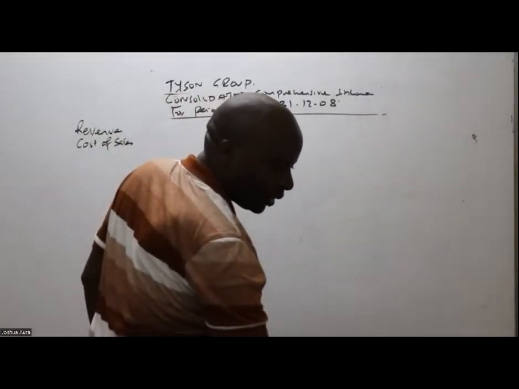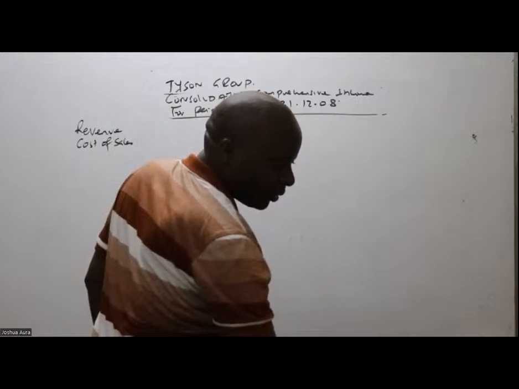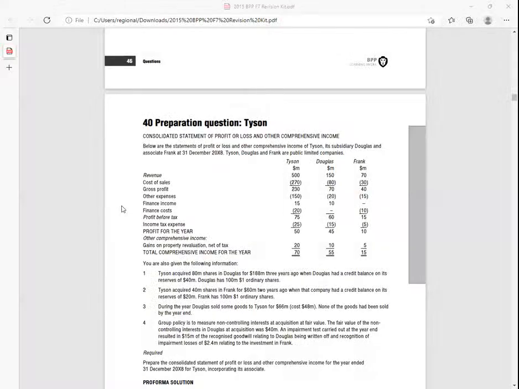I'm just copying everything down. I'm simply combining and copying everything the way it exists there. So gross profit. From there, we have other expenses. From there, we have finance income. From there, we have finance cost.